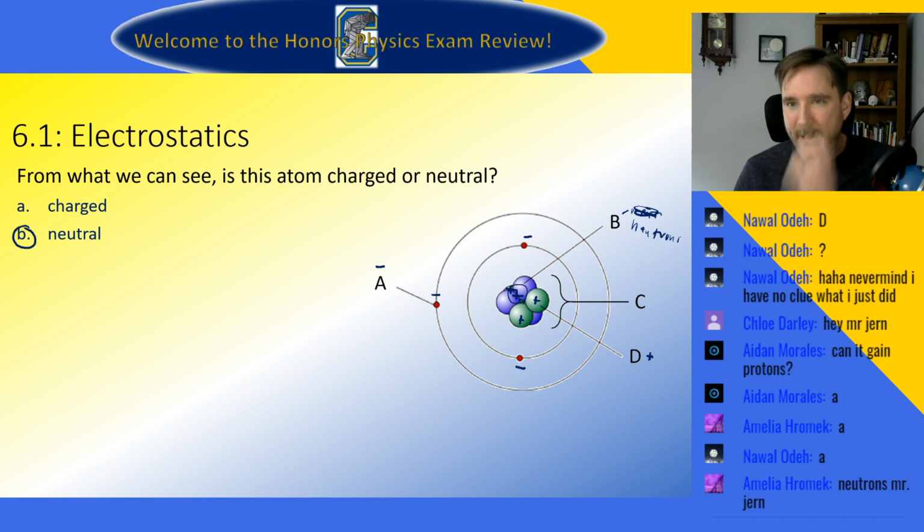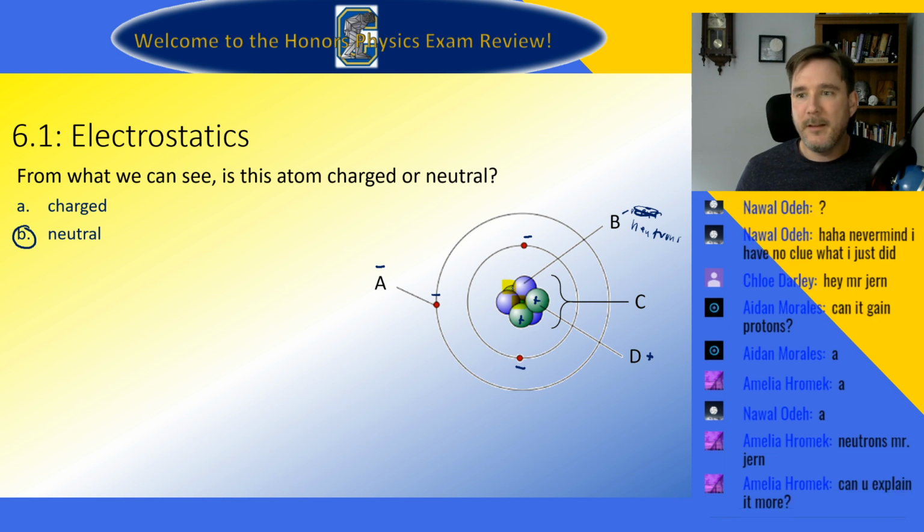You guys are saying A, and I'm wondering, let me erase this a little bit over here. I'm wondering if you count, and again, it's going to be way clearer on any test questions, all right? But I'm seeing a little smidge right here and a little smidge right here, and I think those are the same protons. So I get what you're saying, and so it looks like it might be charged, but it looks like it's the same proton back there.